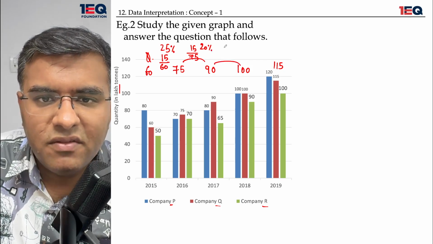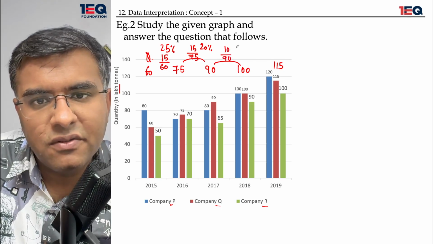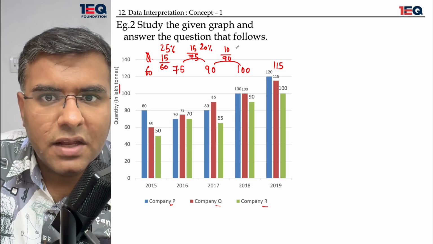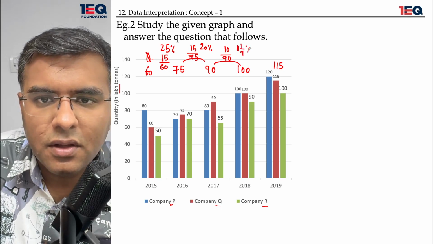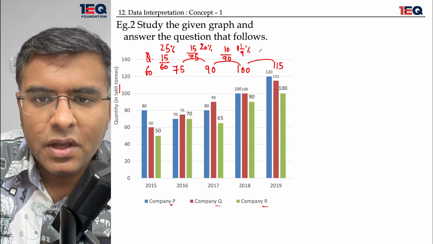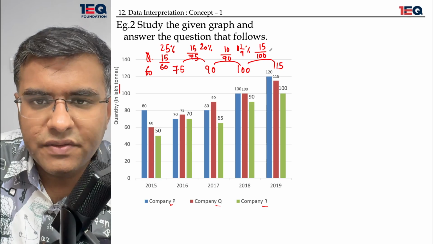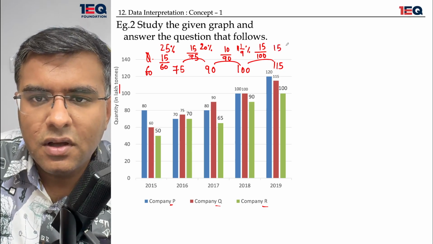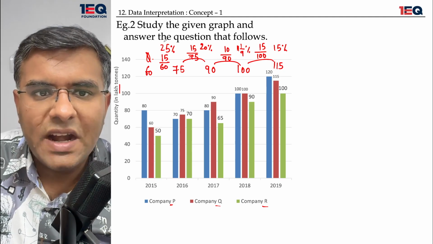Now above 90 there has been a rise of 10 units. So this gives me a rise of how much? 10 by 90, or 11 1/9%, about 11%. Similarly, here there is a rise of 15 units over 100, which gives me a rise of 15%. Okay, so this was easy to look at.